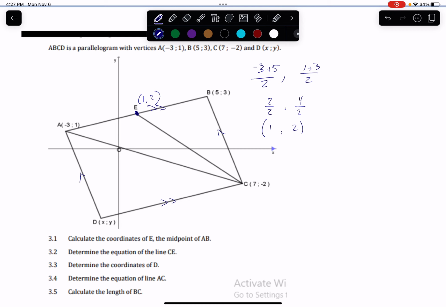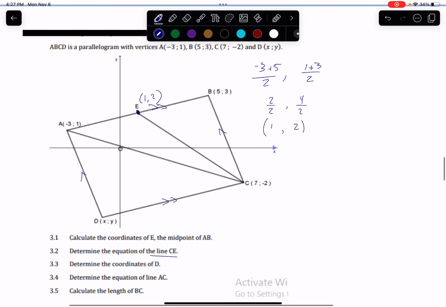Determine the equation of the line for CE. Oh, so we're given the endpoints of the line. We need to find the equation of that line. So really, we need to find the slope of that line first. So the slope of that line would be the rise over run.